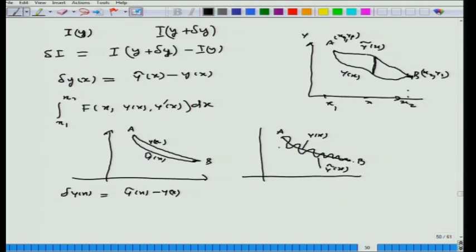So, here if we define delta y prime x as y tilde prime x minus y prime x, in this case both will be close enough.